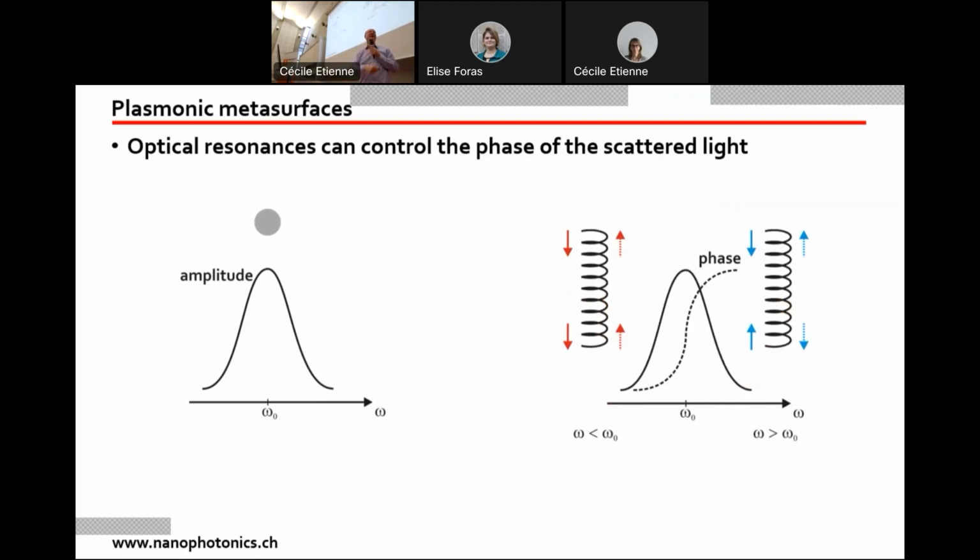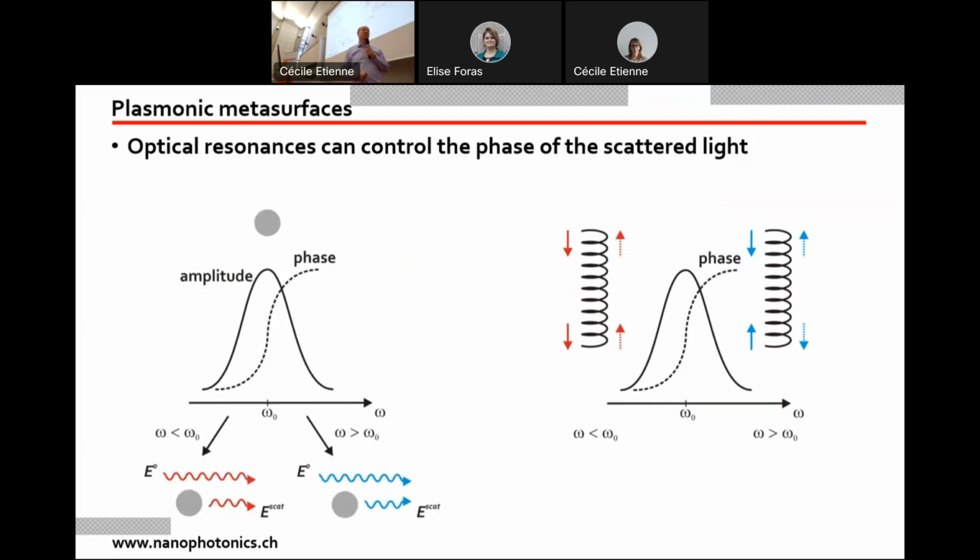And this is true for any system. It's true for the spring, but it's also true for a plasmonic nanoparticle, which is quite fascinating because it means that if you choose a wavelength which is below the resonance frequency, the incident light and the scattered light are in phase. But if you choose another wavelength, say higher energy, blue, for example, then the incident light and the scattered light are out of phase.